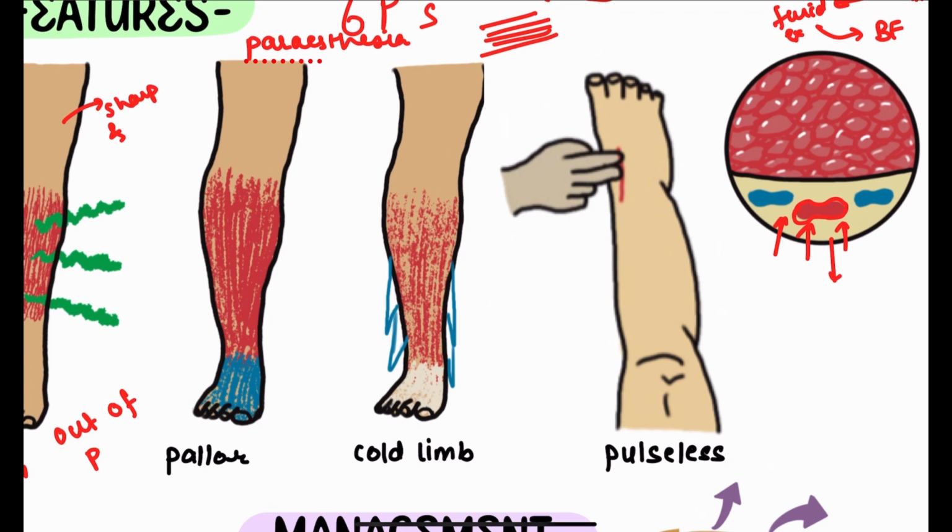The next clinical feature can be pallor, which is nothing but pale skin. Next is poikilothermia, which is the inability to regulate body temperature, presenting as cold feet or cold extremities. The last and extreme clinical feature, very rarely seen, is paralysis. It is seen when there is extensive damage of the muscles and nerves. So these are the clinical features.